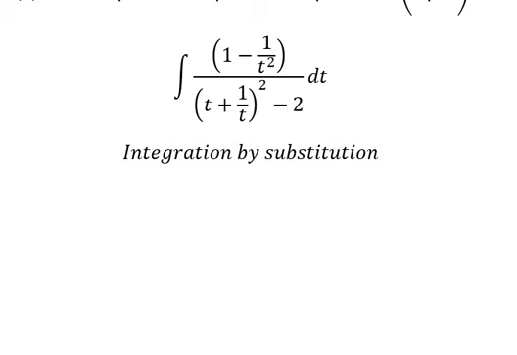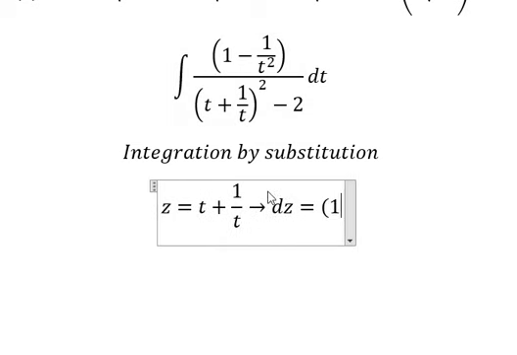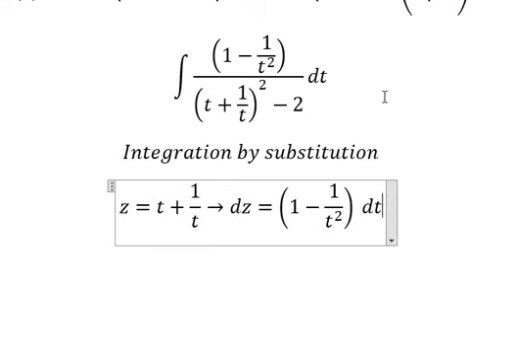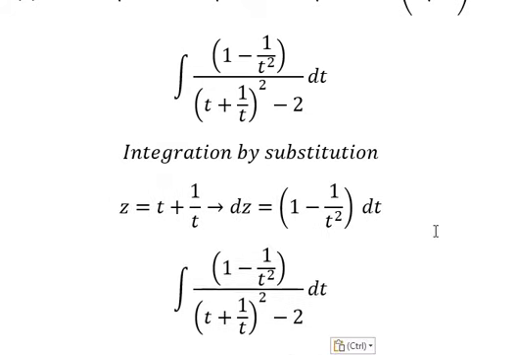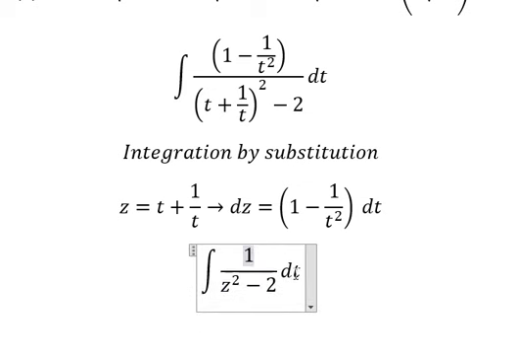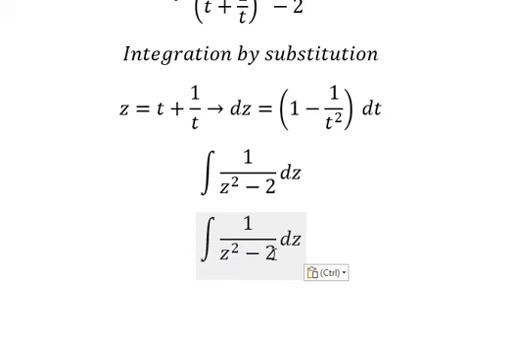So I will put z equals this one. Later, we do the first derivative for both sides. So this one we change to z. This one we change to dz.